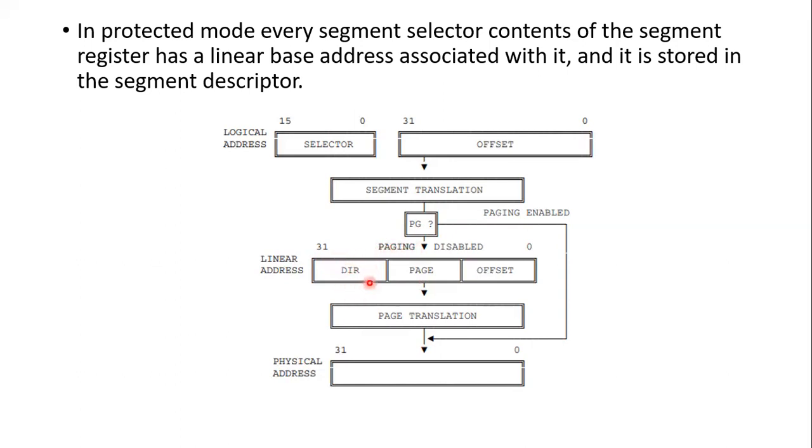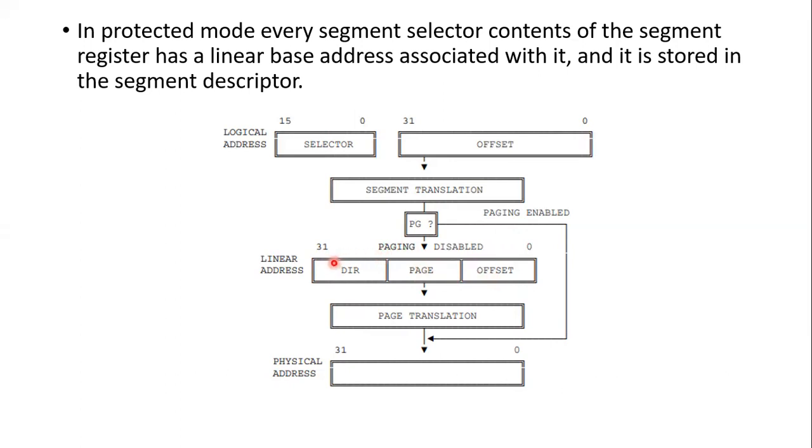From the page directory, it will search the entry of the page, and once the entry of the page is selected, then in this page you will get the offset. Offset shows a particular location in the memory.